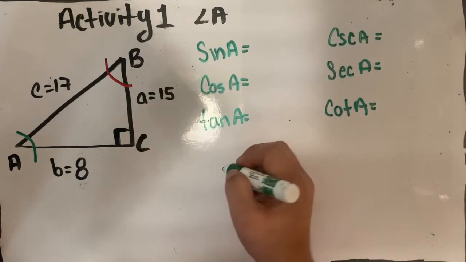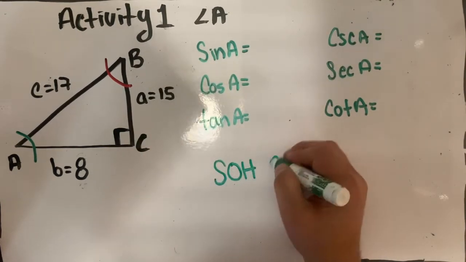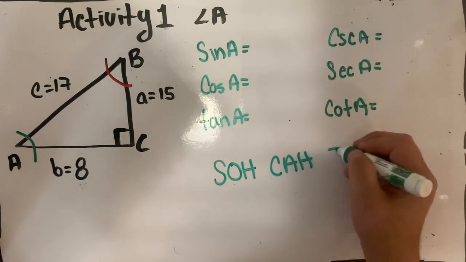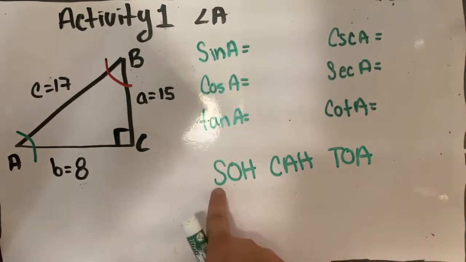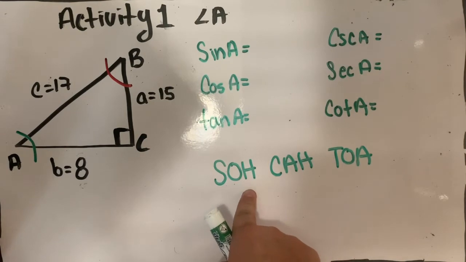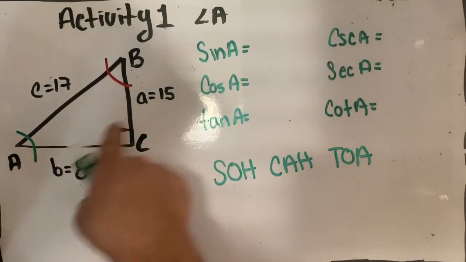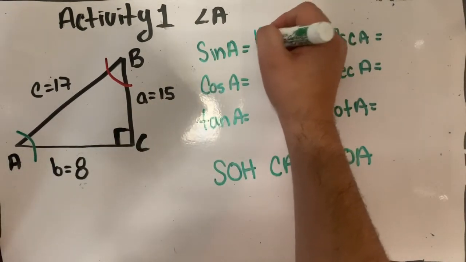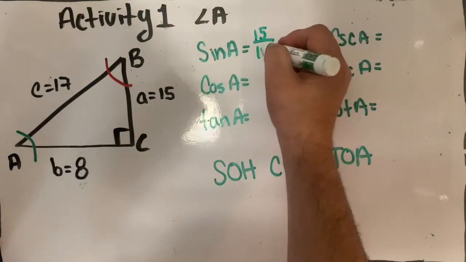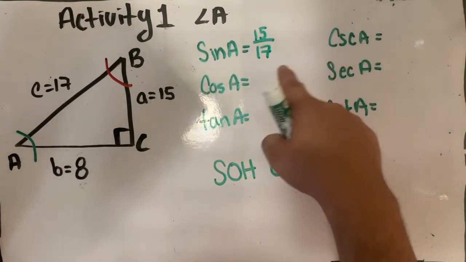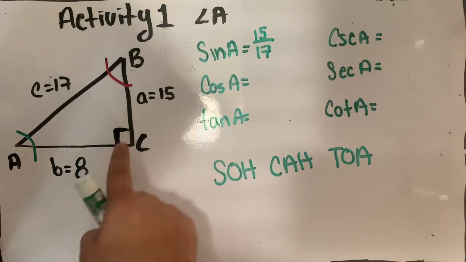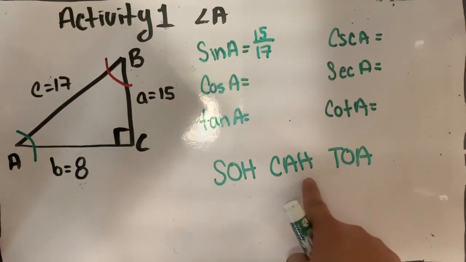Okay, now let's start with sine. Sine, remember the word SOH CAH TOA. Sine is equal to opposite over hypotenuse. So the opposite of A is 15 over the hypotenuse, that is 17. Okay, cosine of A: cosine is equal to adjacent over hypotenuse.